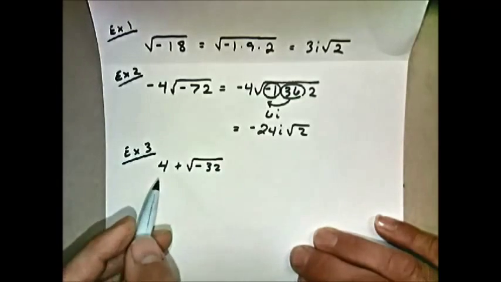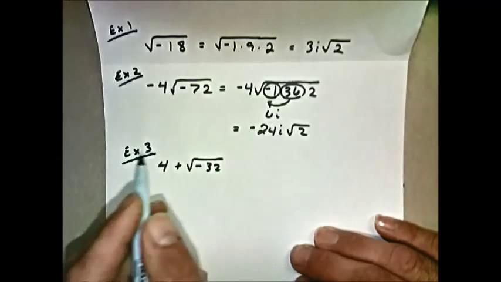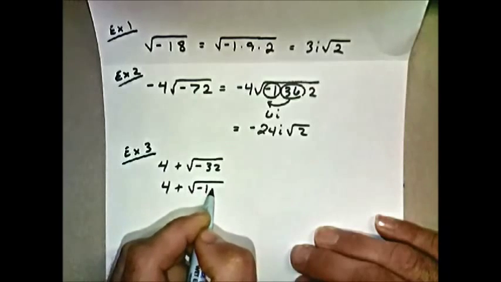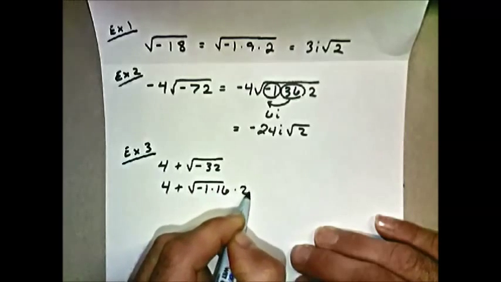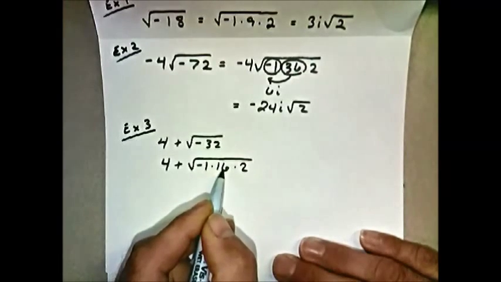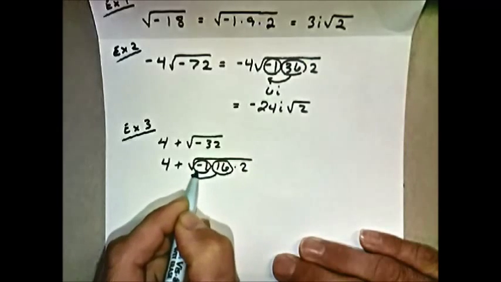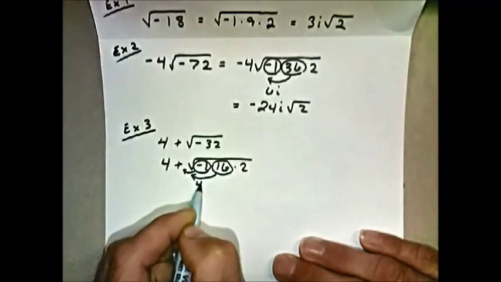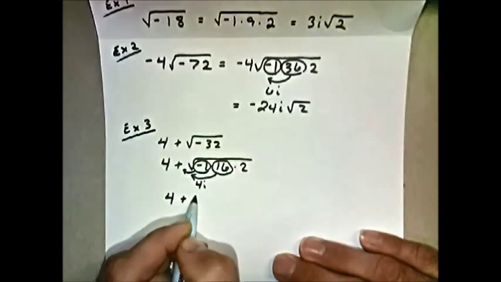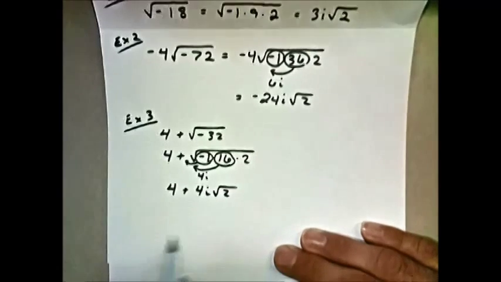To simplify this, 4 we don't do anything with, but negative 32 we can break up into negative 1 times 16 times 2. The square root of 16 is 4, so it can go out, and negative 1 can go out as an i. So our final answer would be 4 plus 4i radical 2.